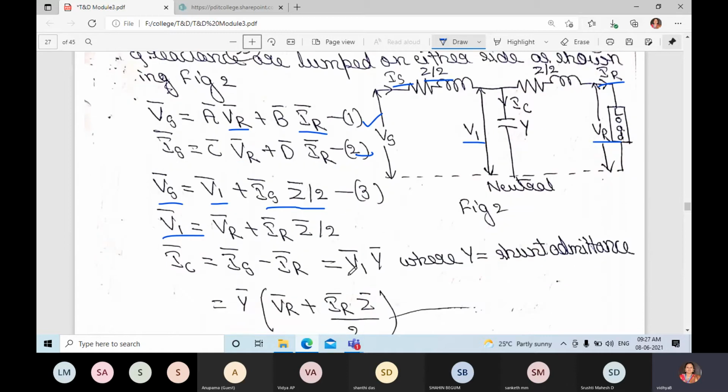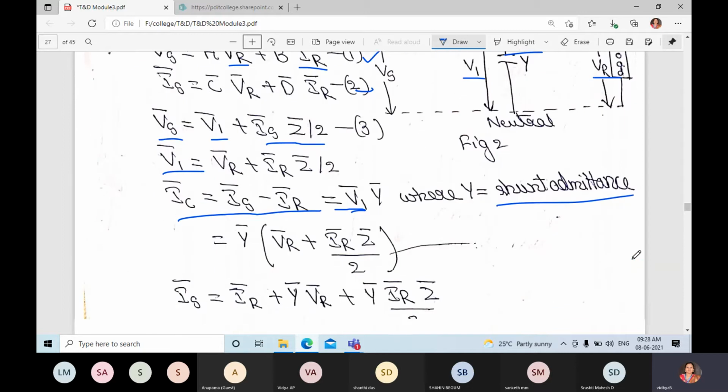And what about Ic? Here this is the outgoing current and this also is outgoing current. So Is is equal to Ic plus Ir, but we want the Ic value, so Ic is equal to Is minus Ir, that is equal to V1 vector into Y. Y is the shunt admittance here.